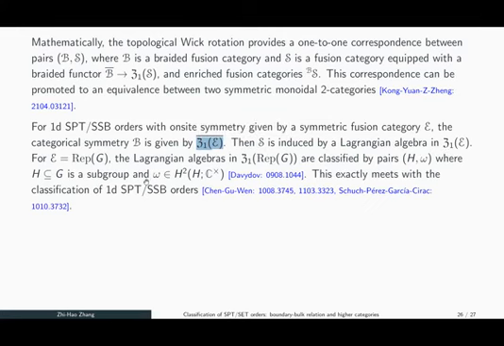When E is Rep(G), we know the Lagrangian algebras in this trivial center are classified by these pairs (H, omega), where H is a subgroup of G and omega is a 2-cohomology class. Okay, this exactly matches the classification of 1D SPT and symmetry breaking orders classified by physicists using other physical results.